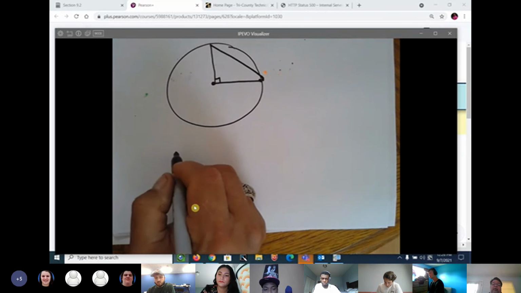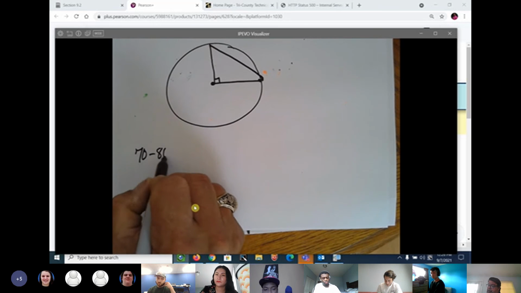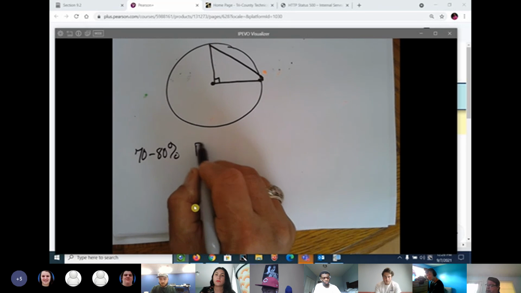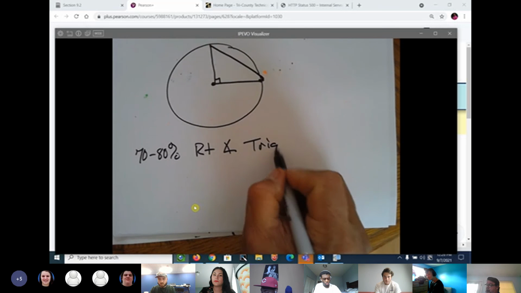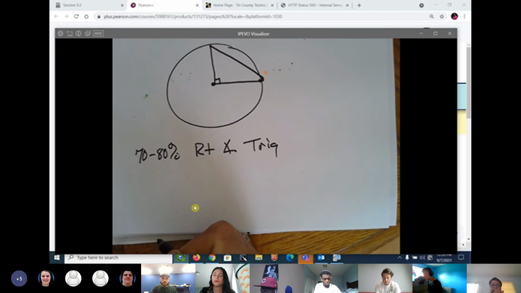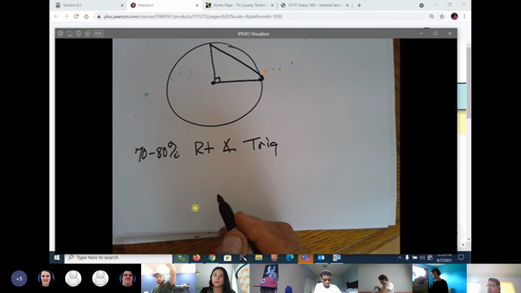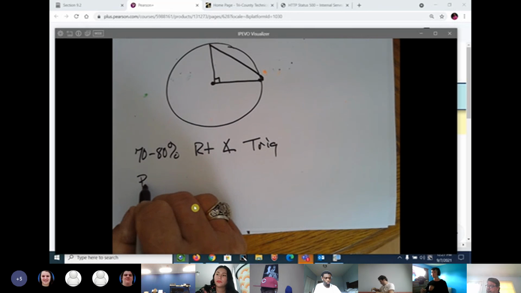Now the right triangle makes up 70 to 80% of this course. The rest is non-right angle, which gets into your law of sines and your law of cosines. But everything pretty much is based on the right triangle. So therefore, you're going to be dealing with the Pythagorean theorem.